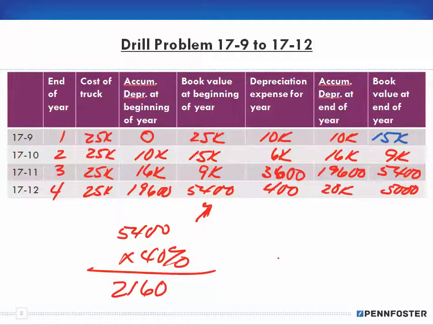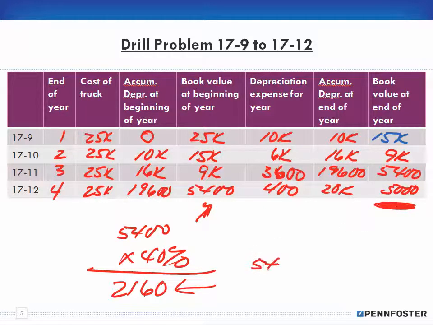But because my residual value is 5,000, I can't take the full 2,160. If I was going down to a residual or salvage value of 0, well then yes, I would still take 2,160, finish this out, and then in year number 5, whatever remaining amount I would have. So let's just quickly do that math.